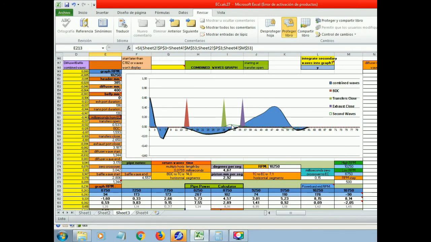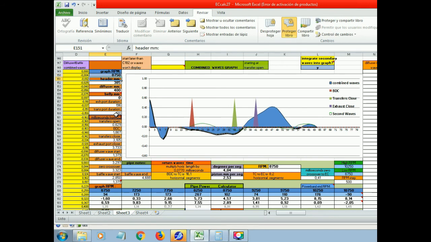Right there you can see one of the secondary waves. So this has to be kept as Y, and we'll look at 8750. See if we can get an inkling as to why that is dipping down there. Well, this secondary wave has lost diffuser strength right here. It's gained some strength right here.